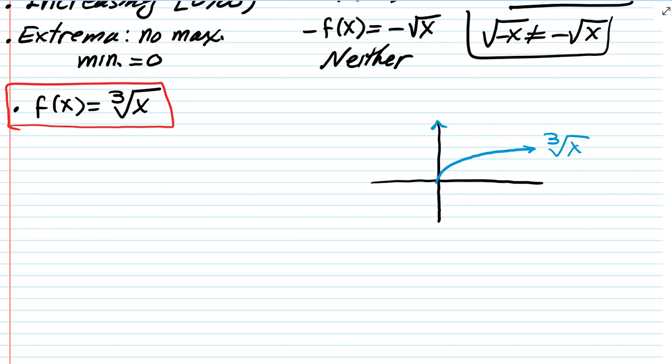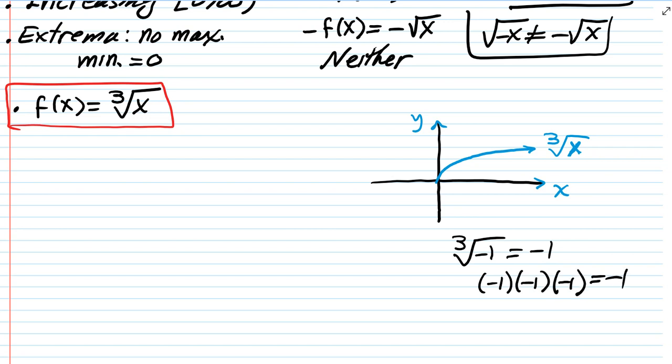Now remember, the domain of a square root function was that x had to be positive, because square roots of negative numbers were not real. Well, in the case of cube roots, negative numbers are okay. So for instance, cube root of -1 is -1, because -1 times -1 times -1 is -1. So this is doable. Cube root of -8, for example, is -2.